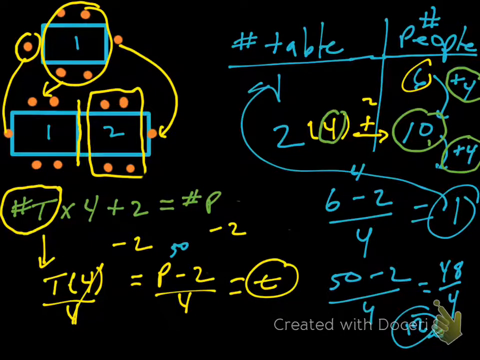Your input, in this case, is P, and your output is T, the number of tables. So P goes in, and then a formula gets applied to it: P minus 2 divided by 4. That's the general pattern here.